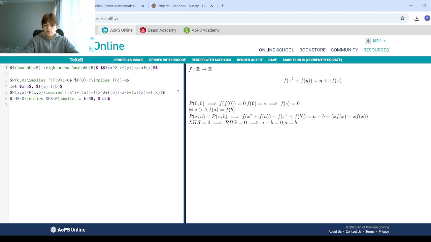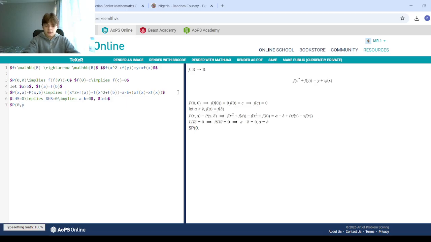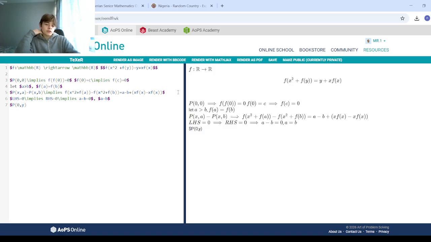And now for the surjective part, let's put this. Maybe we don't need injectivity and surjectivity, but you know, it's always good to put those.